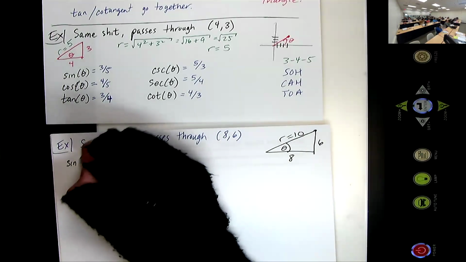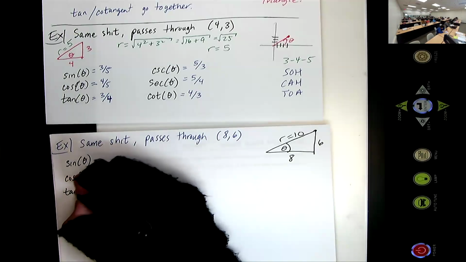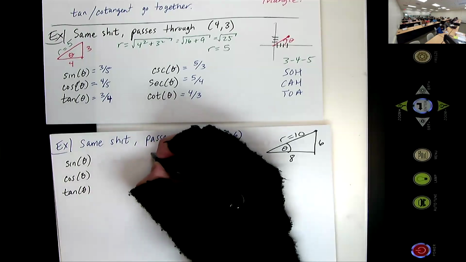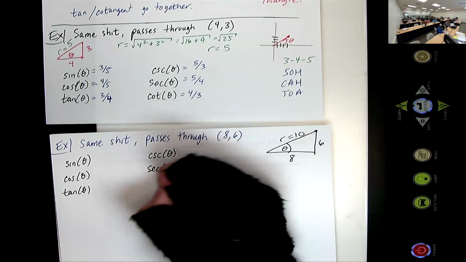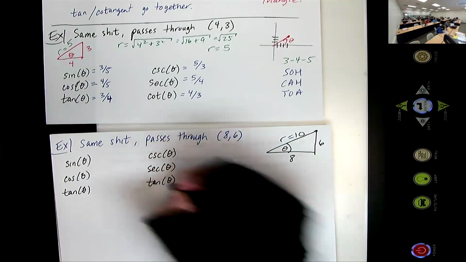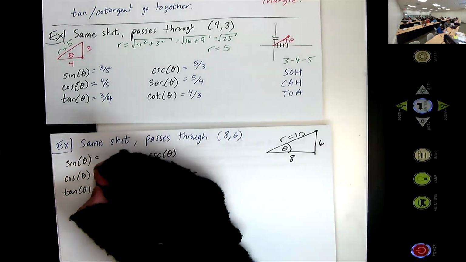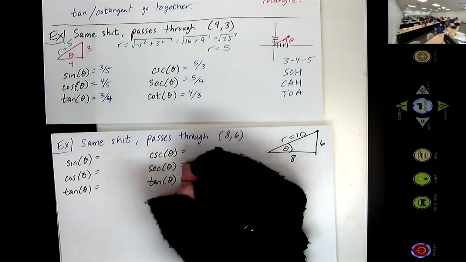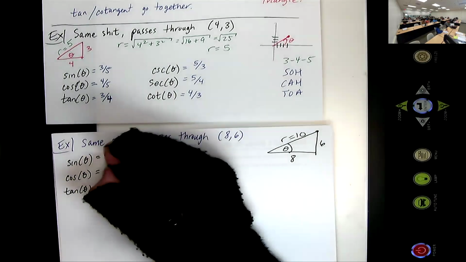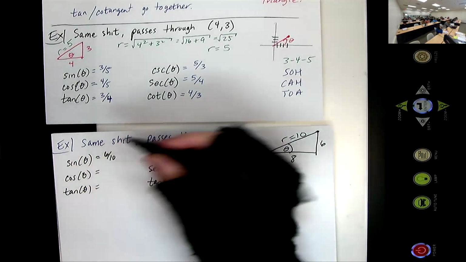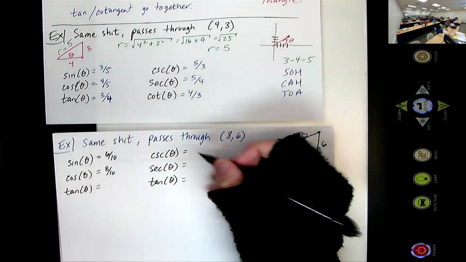So if I go through and set up my 6 trig functions, what is sine theta? 6 over 10. Cosine theta, 8 over 10. Tangent, 6 over 8.